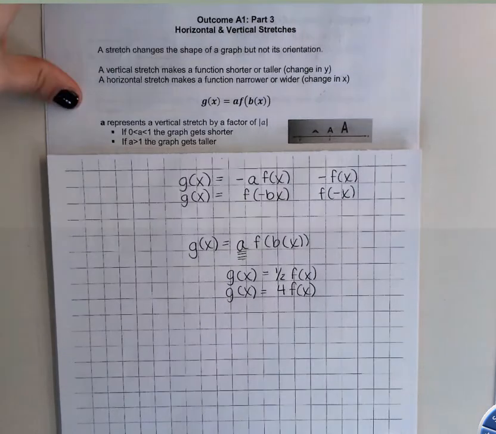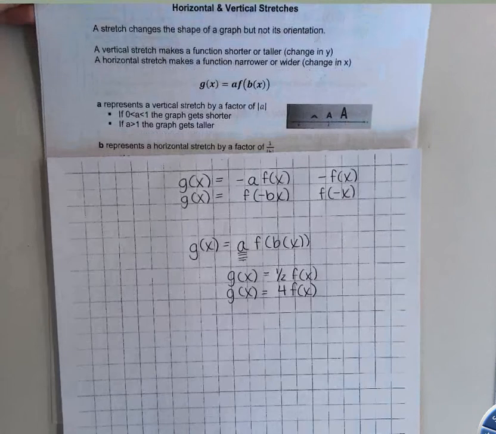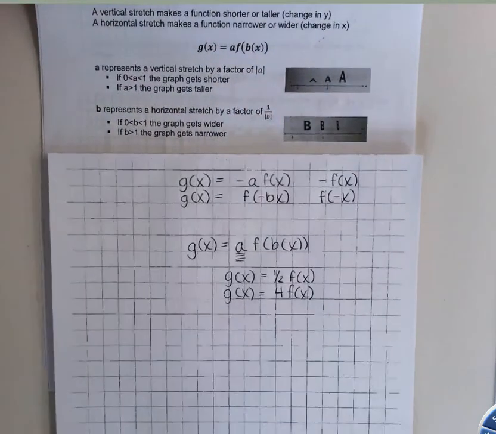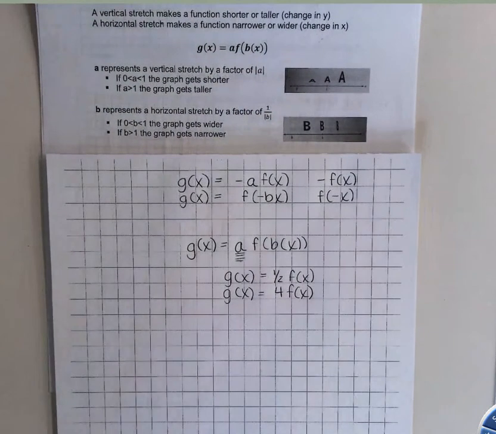Just like we've seen in the previous lessons, for the b value, we're talking about a horizontal stretch. But again, horizontal movements always look the opposite of what they are.